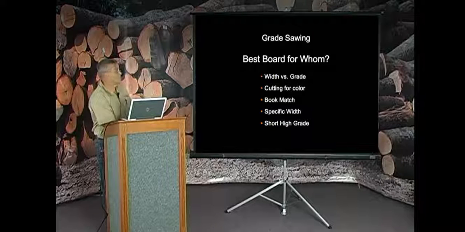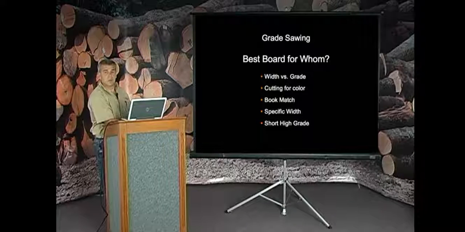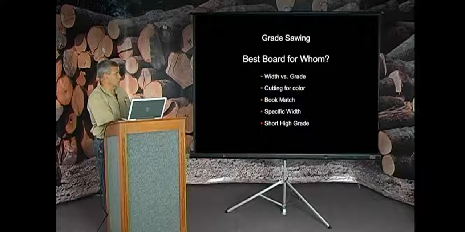We're retailing small quantities maybe, and there's a lot of utilization that takes place in the short wood market because Wood-Mizer is a good short log mill. Short logs can be a nightmare on a standard carriage. So short high grade, that's a way that we grade saw.